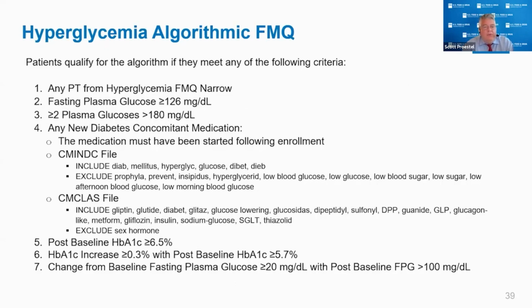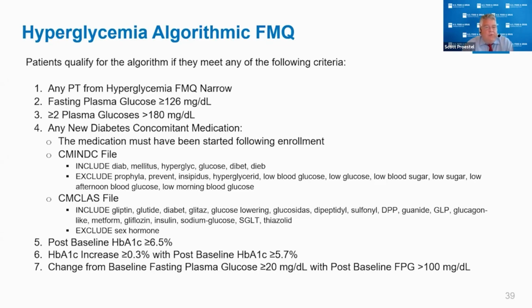And now we're getting even a little more complicated, or certainly longer. This is the hyperglycemia algorithmic FMQ. Again, the same pattern, a series of criteria. If a patient meets any one of them, they are considered to have met the standard for the algorithm. The first is any narrow term from the hyperglycemia FMQ. And then you see a series of laboratory criteria.